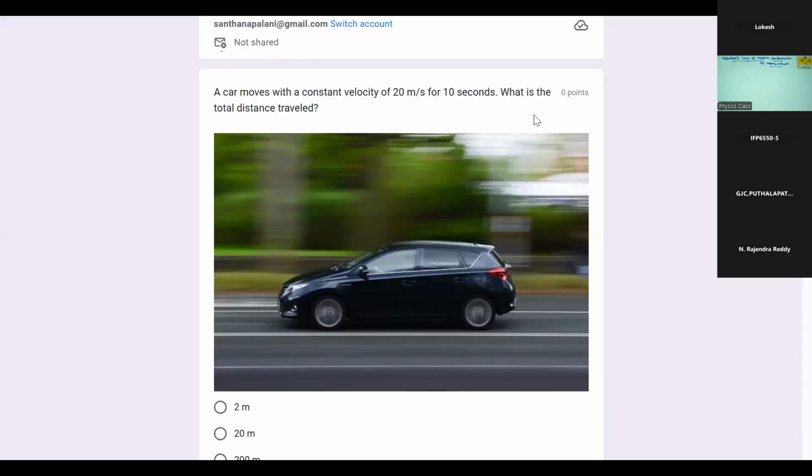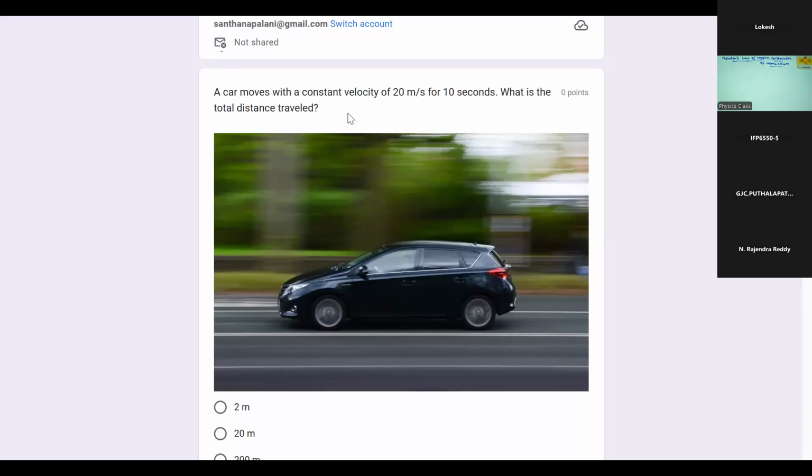These are three MCQs from our earlier classes. You can unmute yourself and tell the answer if you know it, or you can type in the chat box.